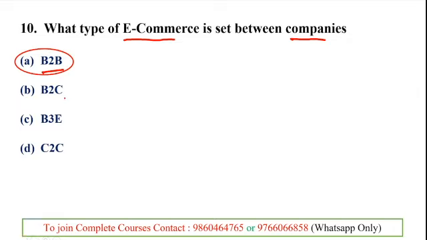And then B2C for business to consumer. Here B2B means between the different companies. Here B2C means business with consumer, and also the consumer can transact information with the business. Here B3E, that is the other one, and C2C, that's consumer to consumer. Clear?